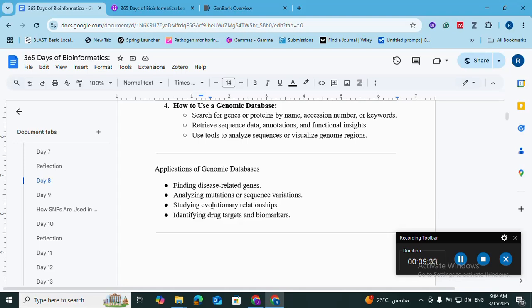You can compare two species, and see if there is a common conserved sequence between them, which can be used in evolution studies. And what are the relations between these species according to the evolution theory? You can identify drug targets and biomarkers, new biomarkers, to diagnose disease.